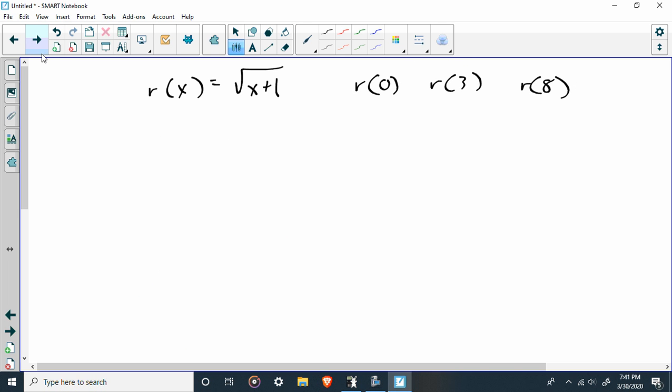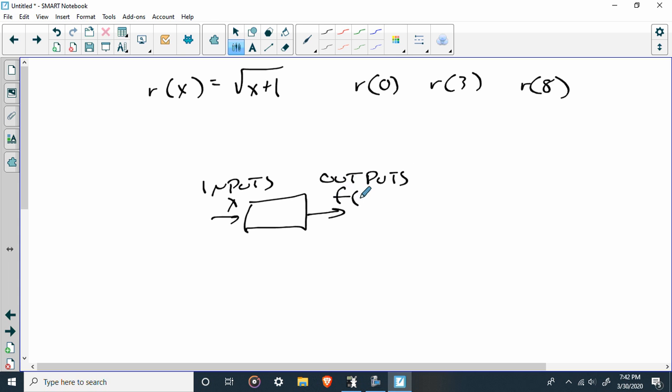Your other example, though, is below that. You didn't ask me about it, but I'm going to answer just because this explains why we had to change this. There is one rule when it comes to a function. In your function machine, we have inputs and we have outputs. Inputs x, your outputs f of x.